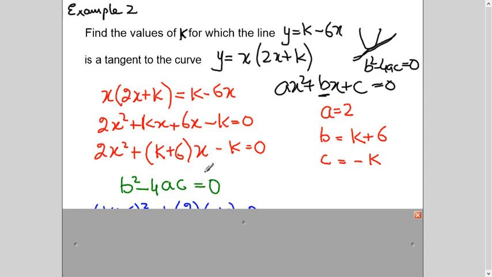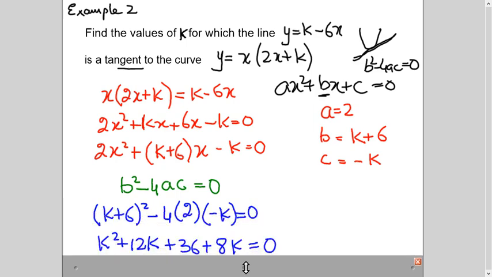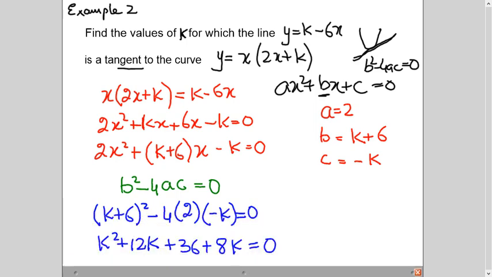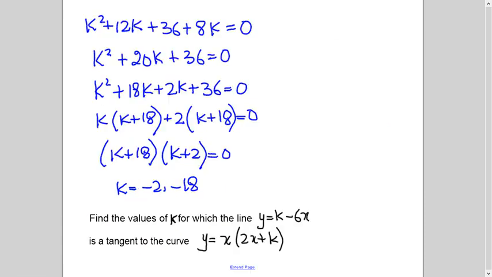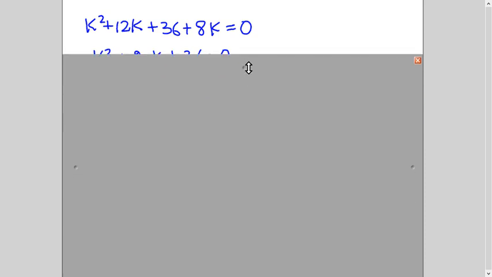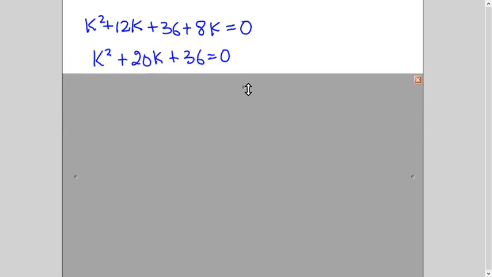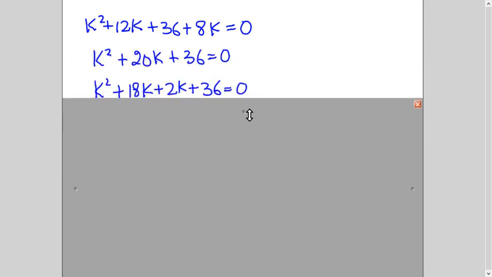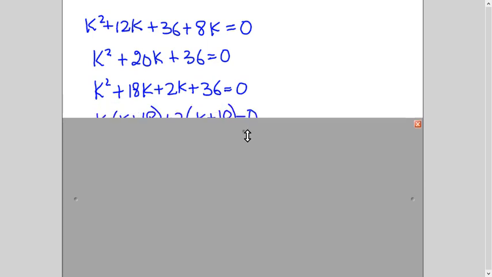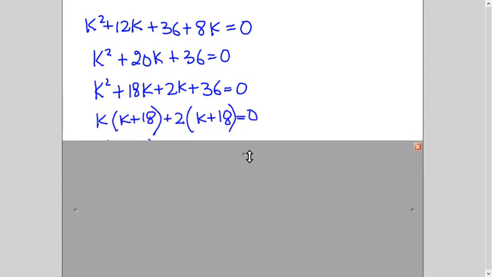So this I have found because of this explanation here. I will simply substitute the values here and solve the question. And it will give me simple factorization, and after that you can find the value of k.